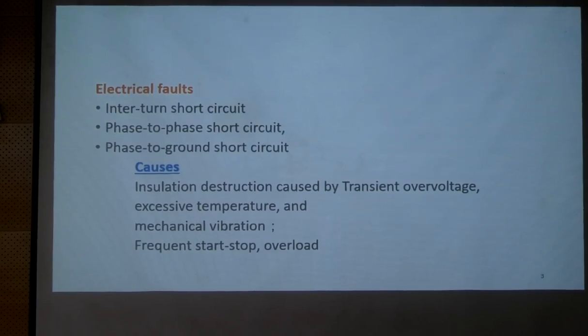So if there is any excessive temperature, hot spot, everything, that may cause the problems, interturn faults, and mechanical vibrations. Even frequently, when we are starting and stopping the machines, that may also cause this type of problems, overload aspects like that.